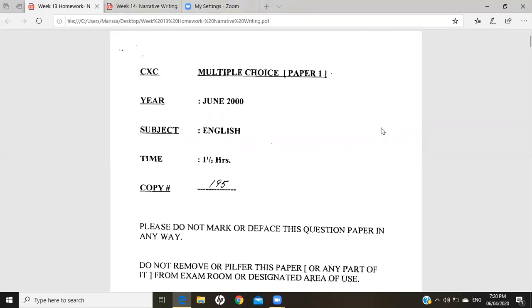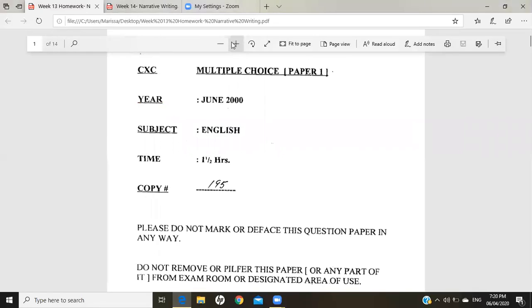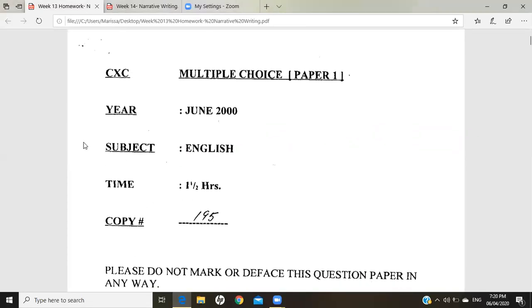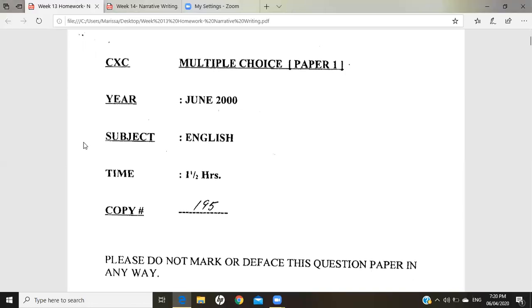I told you all that we're going all the way back because I'm sure there were sections in this paper that you all saw already. Anybody saw sections they've done already? The comprehension. Yeah, so which comprehension did you all see before? There were some things in this paper you all saw already.